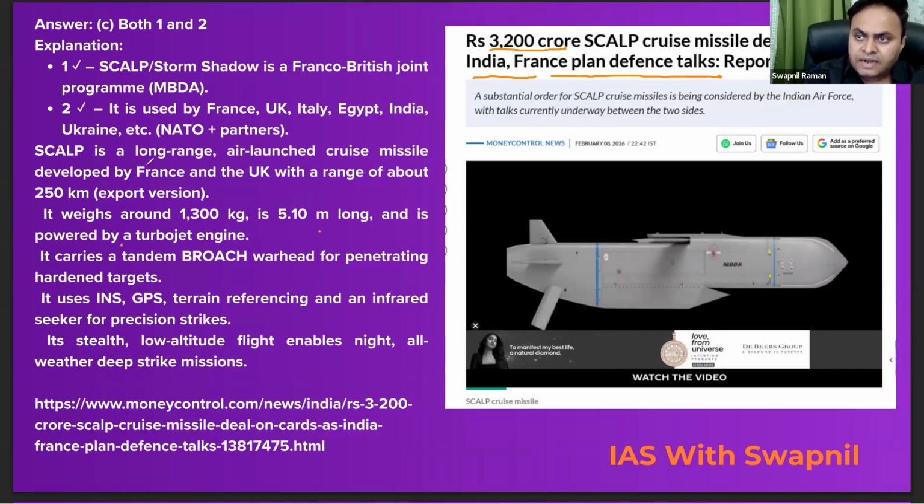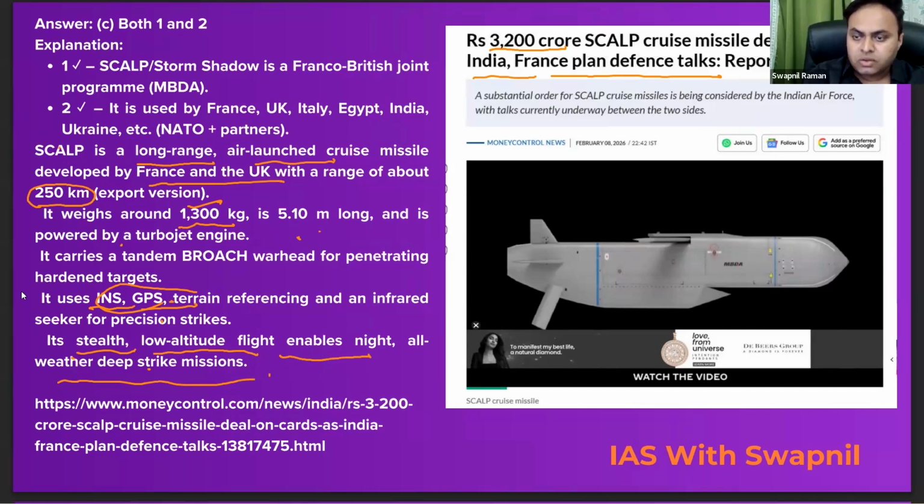So do remember that it is a long range air launched cruise missile developed by France and UK jointly and with the range of 250 kilometers approximately. जो export version है उसका, it weighs around 1,300 kilograms, right? And do remember that it is equipped with the INS and the GPS monitoring system, right? So its stealth and the low altitude flight enables the night all-weather deep strike missions.